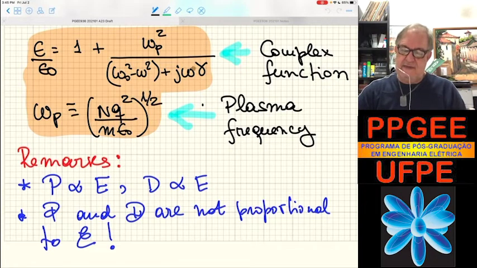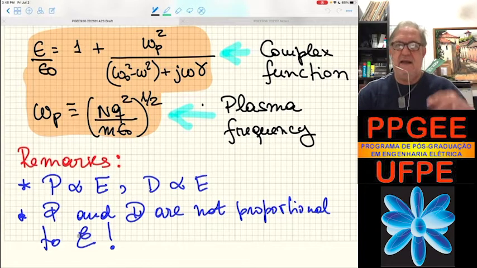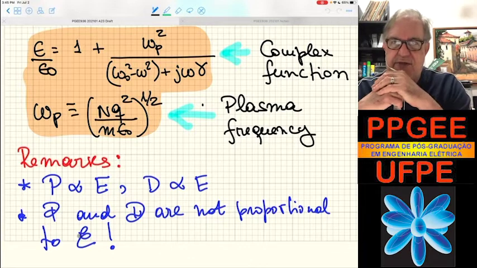Why? Well, because this is a complex number. It means that they are not in phase, in principle. P is not in phase with E, D is not in phase with E, so they do not have exactly the same time variations.